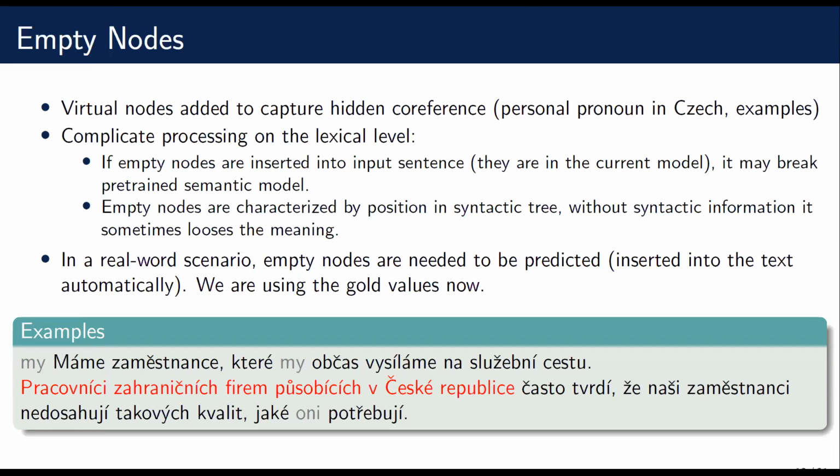I don't know what other languages use these implicit words, but I think Slavic languages or morphologically rich languages will have these issues. So currently we use the gold empty nodes that are already inserted in the training or evaluation data.